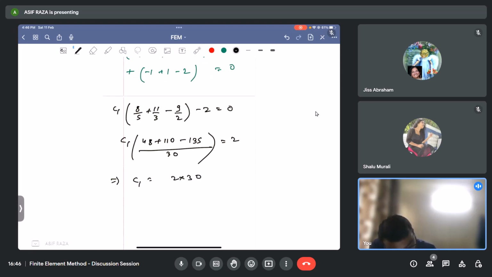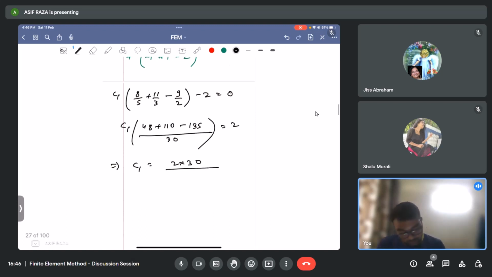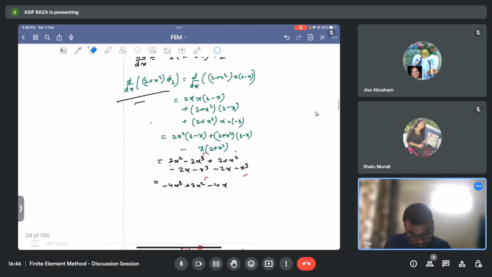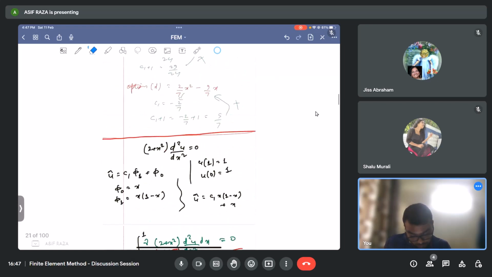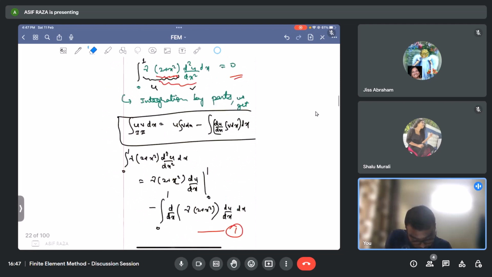2 into 30 by 48, 58 minus 35 is 38, 28, I think. 58 minus 35 plus 10... 23. Somewhere I made a mistake, I think. It should come out to be 24.